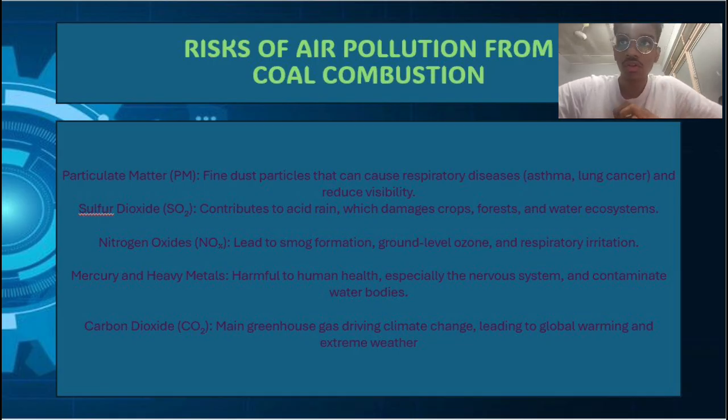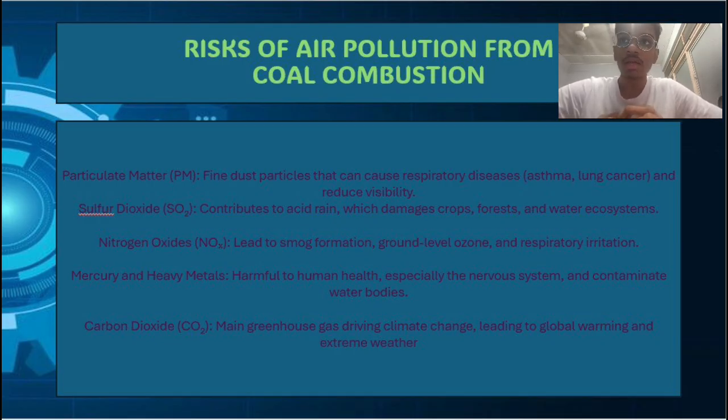Next, we have sulfur dioxide, which is also known as SO2, where it contributes to acid rain, which damages crops, forests, and water ecosystems. Next, we have nitrogen oxide, which is also known as NO. This gas leads to smog formation, ground level ozone, and respiratory irritation.